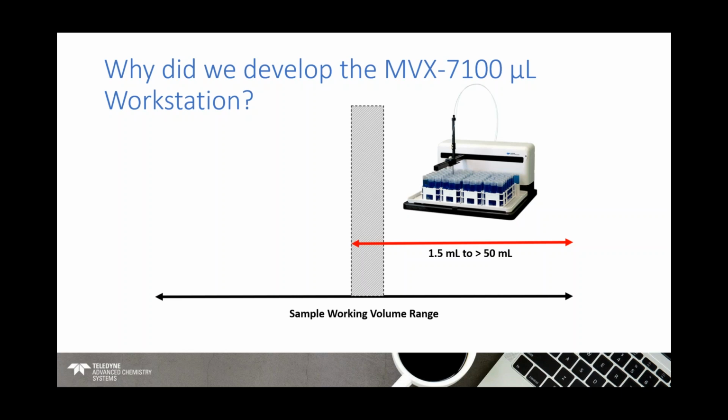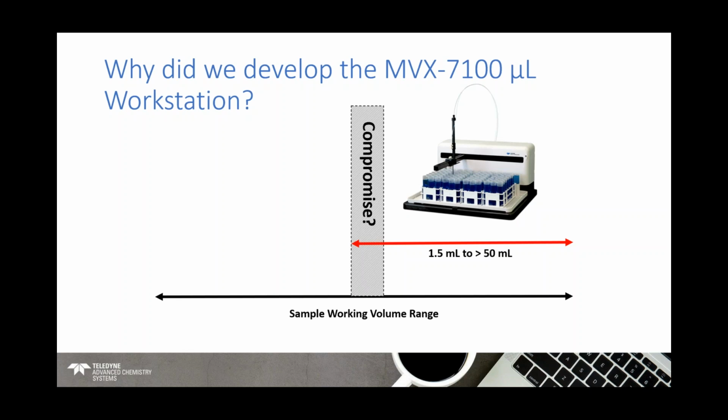But as you go down that volume range, towards that 1.5 milliliters, so say in the range of 1.5, 2 milliliters, you might find yourself in a position where you have to compromise on the data that you're looking to generate. You might not have enough to do certain things for your analyte suite, for replicates, etc.